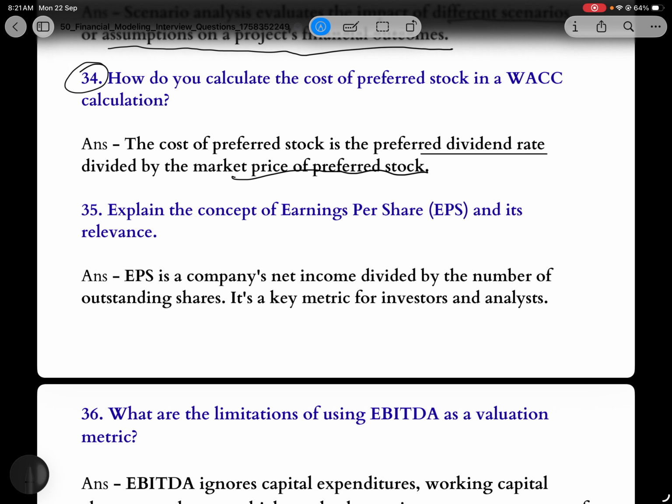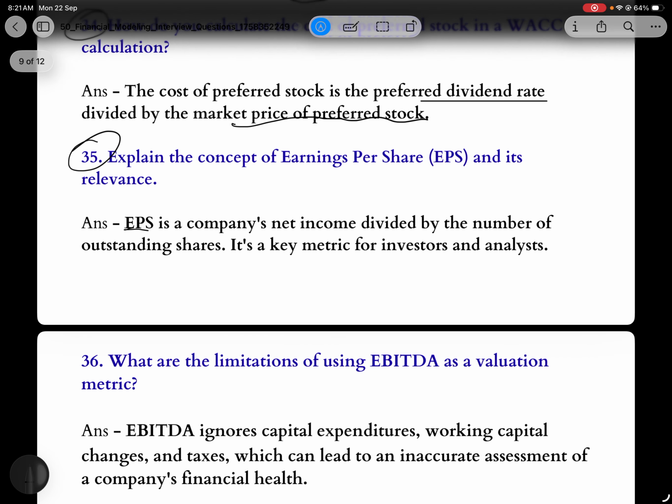Next is what is EPS and what's its relevance. So EPS is nothing but earnings per share. So it's net income divided by your outstanding shares. It's a key metric for investors and analysts. From a standard perspective, we normally have a slightly different way of calculating net income.